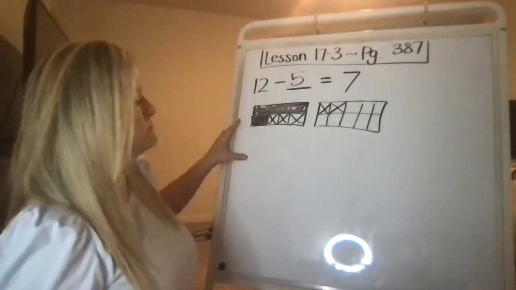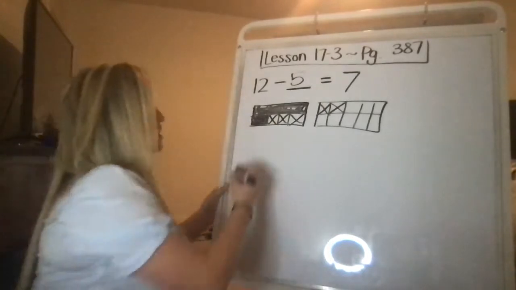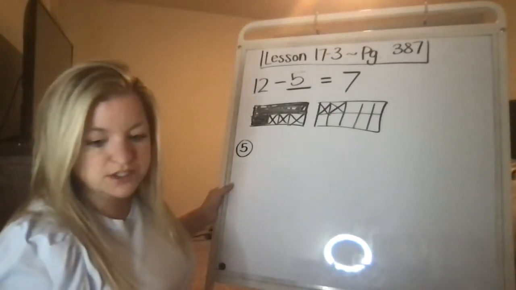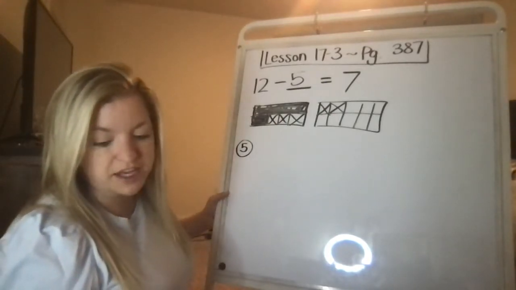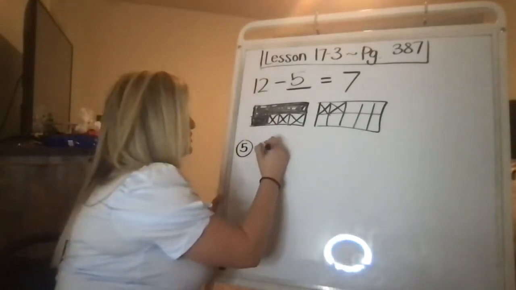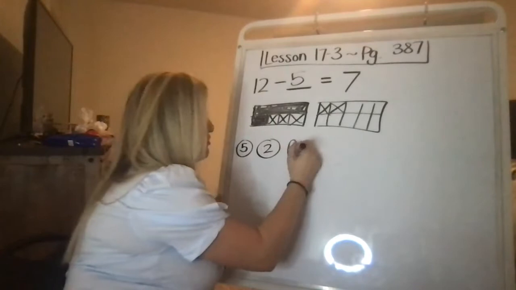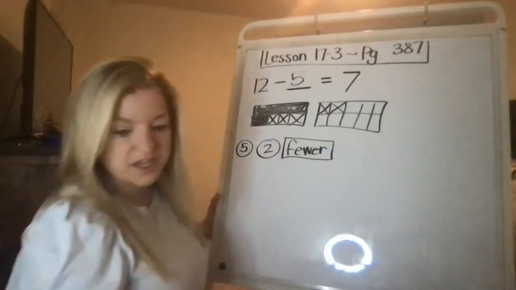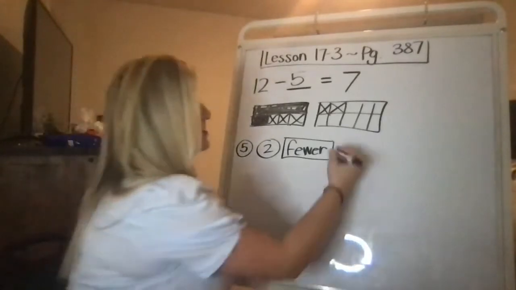She had 5 blocks. Number 5 down below says Mr. Peters has 2 fewer desks than Mr. Don's. So 2 is the number you would circle. Fewer, you'd put a box around it. And Mr. Don's has 11 desks.